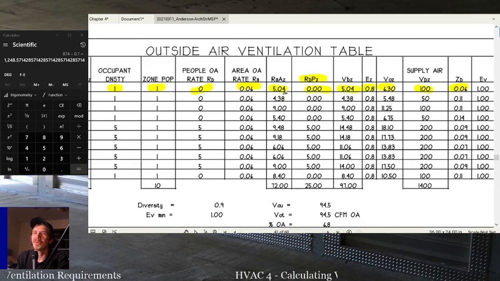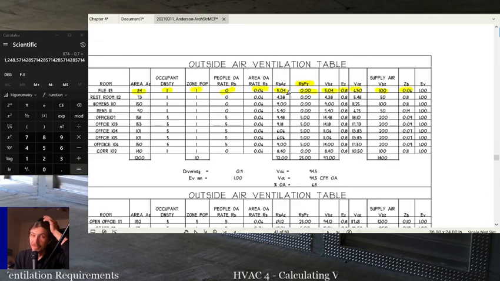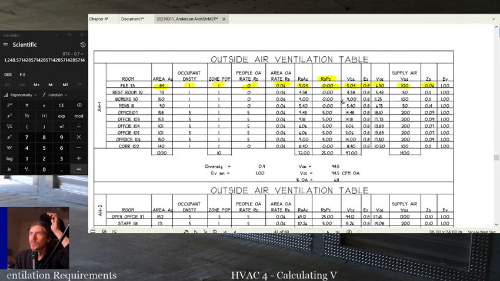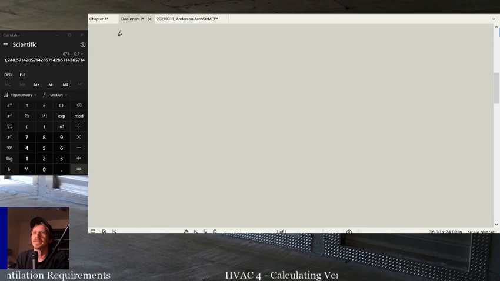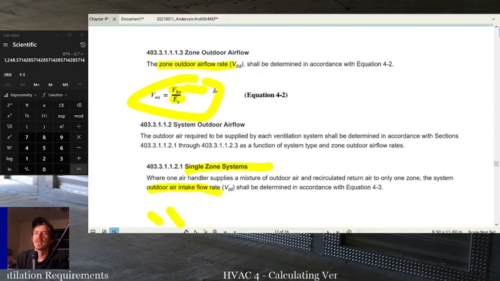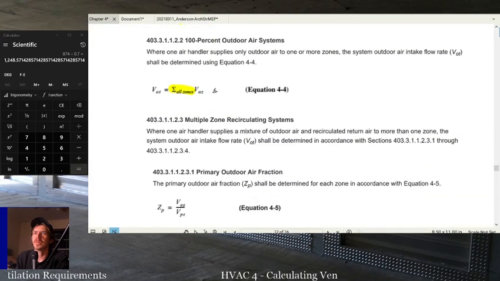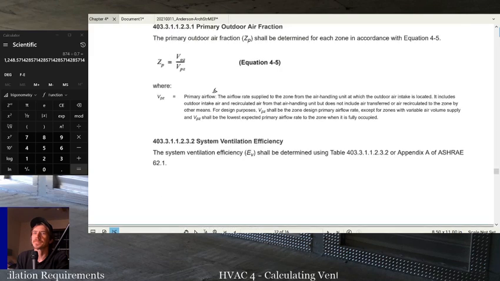But anyway, the point is there are actually better examples of this table, but here's one example of how an engineer laid this out. What are ZP and EV? Let's go back because I forgot already. The zone population? No. What was ZP?